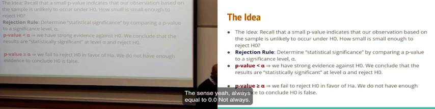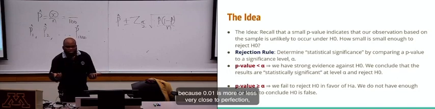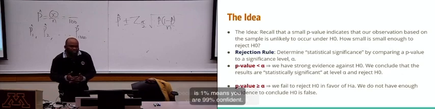Yeah, go ahead. Is alpha always equal to 0.05? Not always. The standard one is 0.05. At times we could give alpha to be 0.01. But 0.01 is very close to perfection. So when alpha is 1%, it means you are 99% confident.